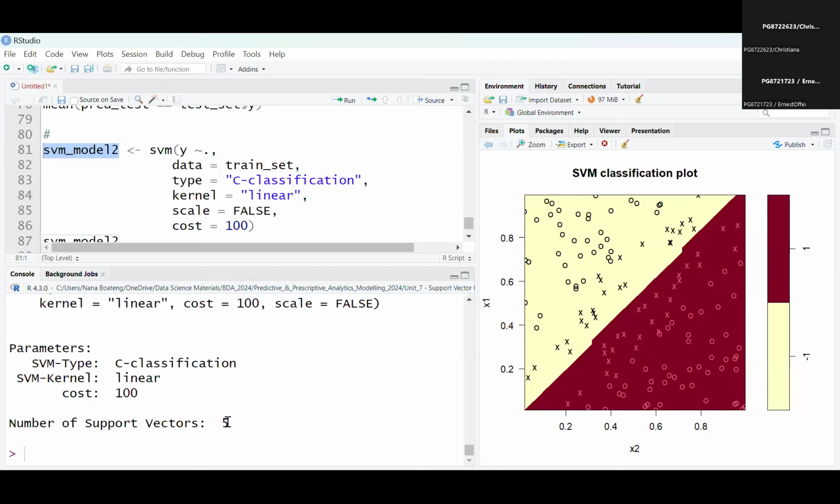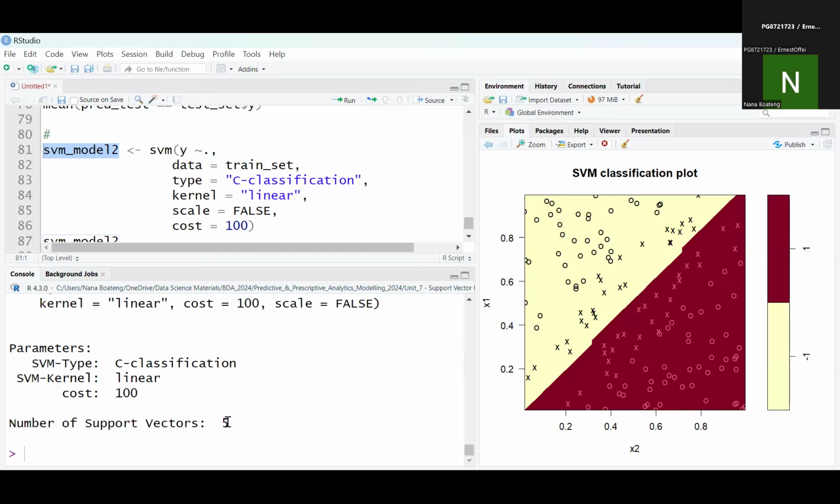So as you increase the cost parameter, it reduces your support vectors. However, that is not the only way to check. You should also check the accuracy of the model, whether it is improving or not. With the mean we did earlier, right? Exactly, yes. So you do both of them together.